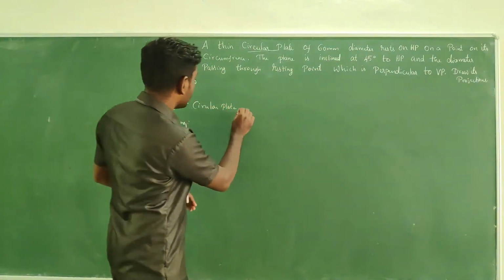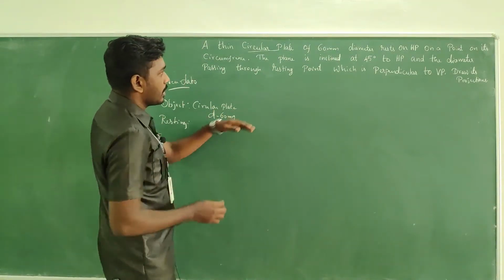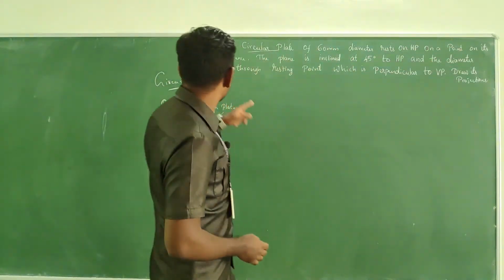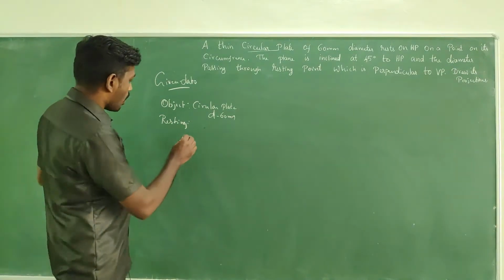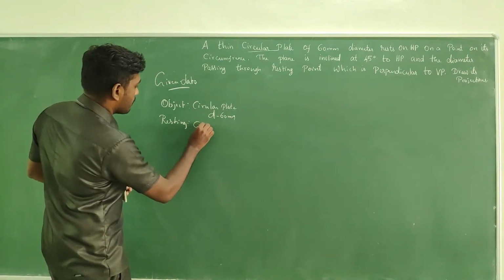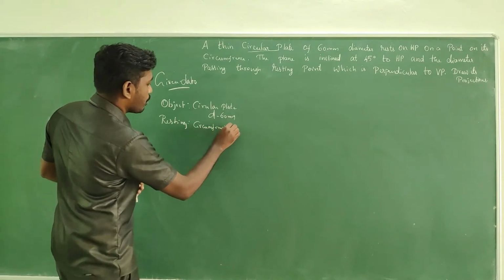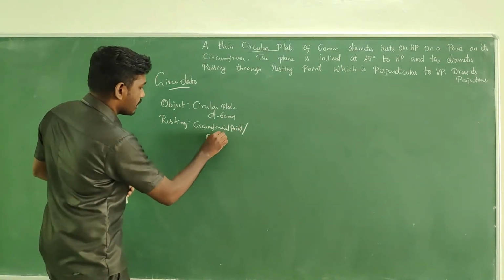Diameter 60 is given, okay, and then rests on HP on a point on its circumference. So it is resting with a circumferential point on HP.